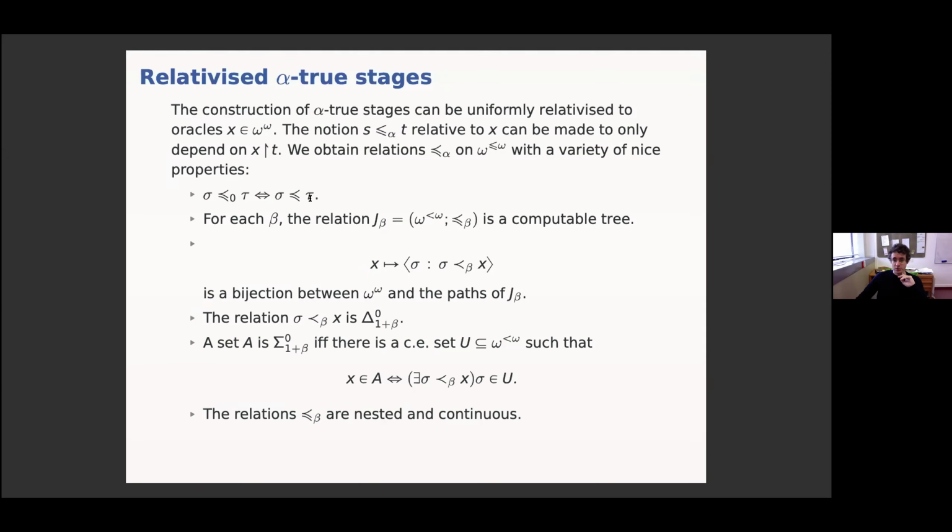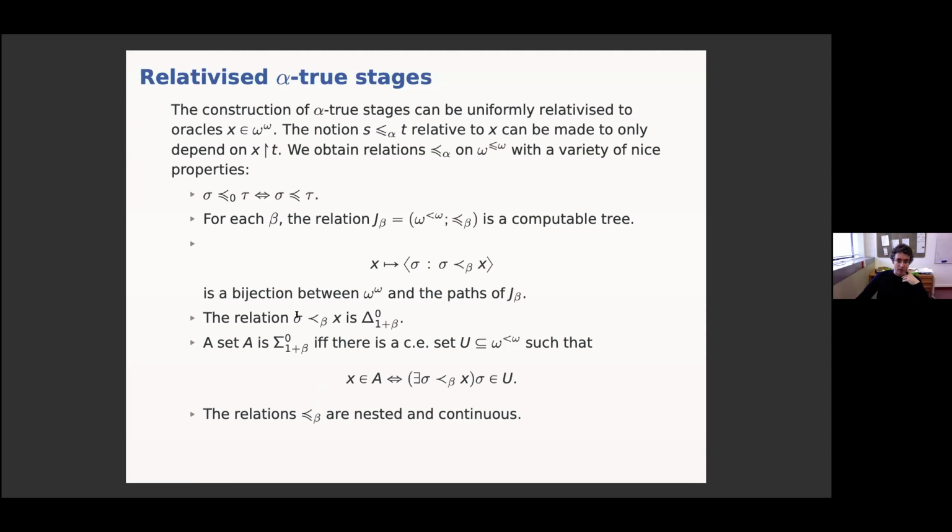Starting with 0, this is just extension on strings. The relations are nested. It's harder and harder to become beta true the bigger that beta is. They are continuous. Just like for numbers, for limit lambda, lambda true is the same as beta true for all beta strictly smaller than lambda.